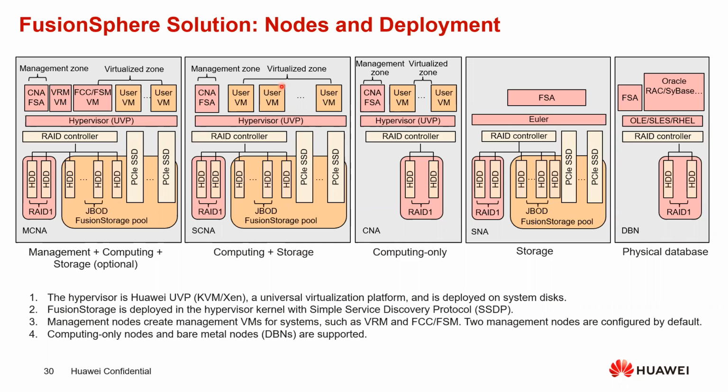We can create VMs on this node, and also take disk space from it. The third component is the management node, MCNA, the management compute node agent. This node can have three components together: management, compute, and storage. You can see here the VRM is the virtual machine manager for managing the virtual infrastructure, together with CNA, FSA, and all those things.